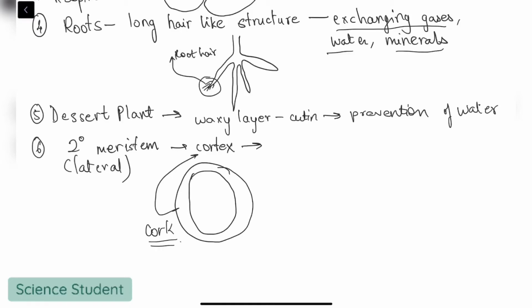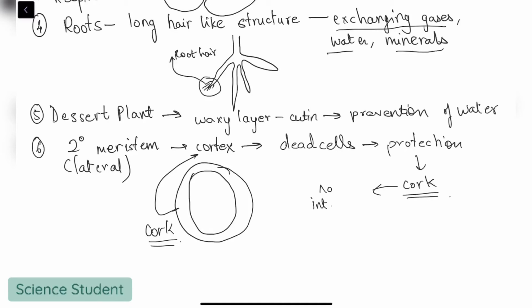Cork is the dead cell layer. There is a collection of dead cells which help in protection, and this layer of dead cells is called cork. Cork has no intercellular spaces, and the cells are joined by suberin.